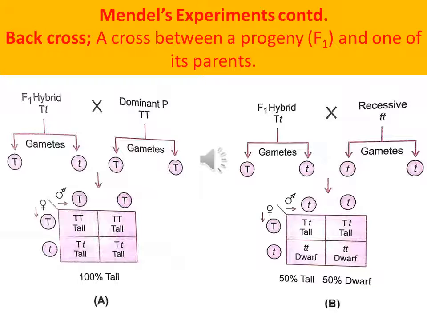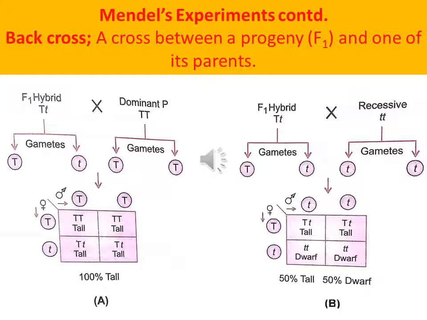At the end of the day, crossing the heterozygous F1 hybrid with the dominant tall parent, we have them all 100% tall, as in all the progenies are tall.